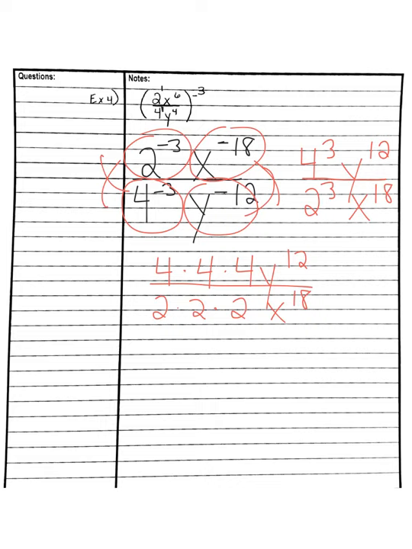And if we actually go ahead and just multiply those together, we're getting 64 in the numerator, y to the 12th, divided by 8 x to the 18th. And when we simplify, we know 64 can be divided by 8. So our final answer here would be 8y to the 12th power divided by x to the 18th power.